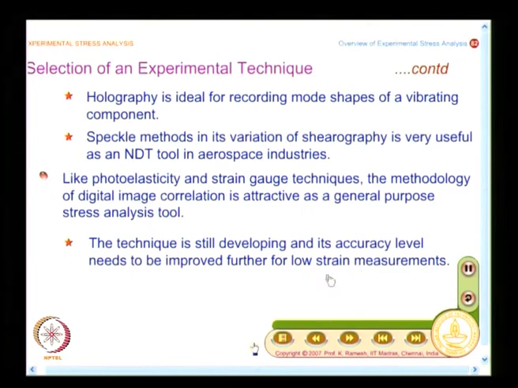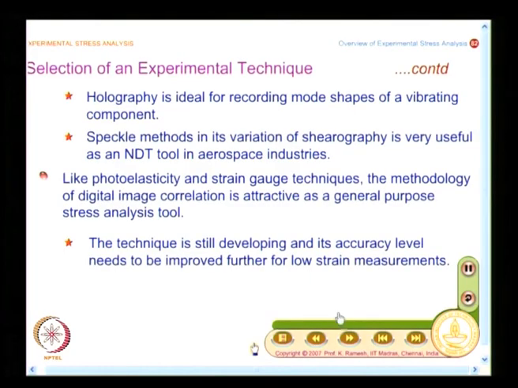Some time back the low strain was about 160 micro strain. Now people say you can go up to 50 micro strain. So as the technology is improving, you are also improving the capability of the technique to measure smaller values of strain, and this has a great potential. So if time permits, we would also have some discussion on image correlation as we go by.